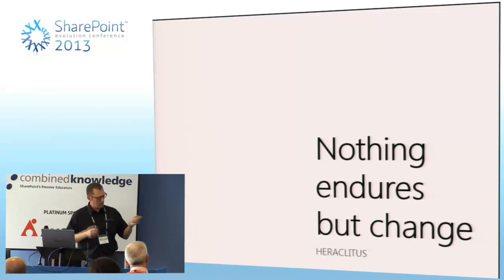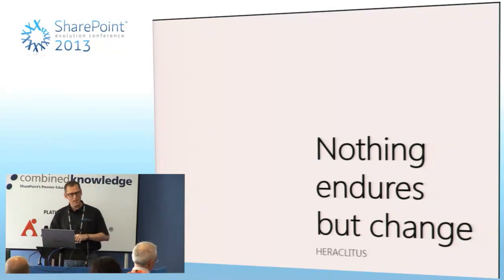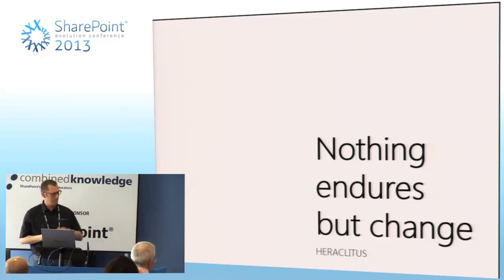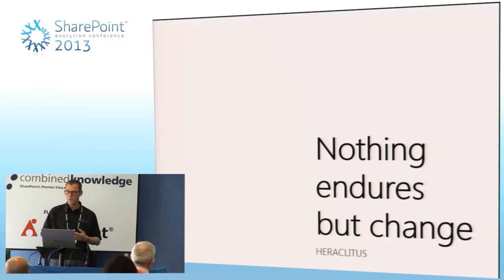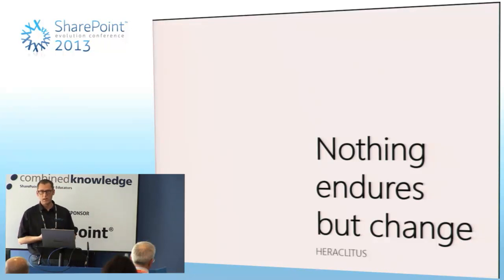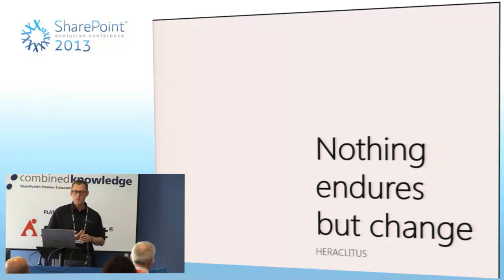This guy lived a long time ago, and he had this rule saying nothing endures but change. So what we know for sure is that everything will continually change. That's something companies have to incorporate in their business: the world around you is changing, people are changing. That's the only thing we know for sure.